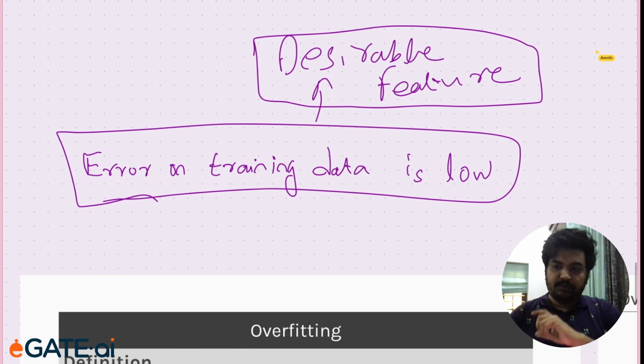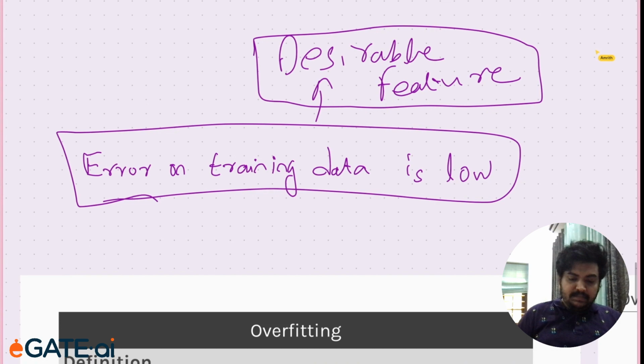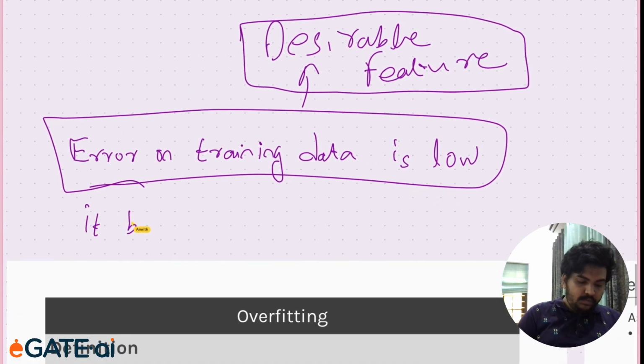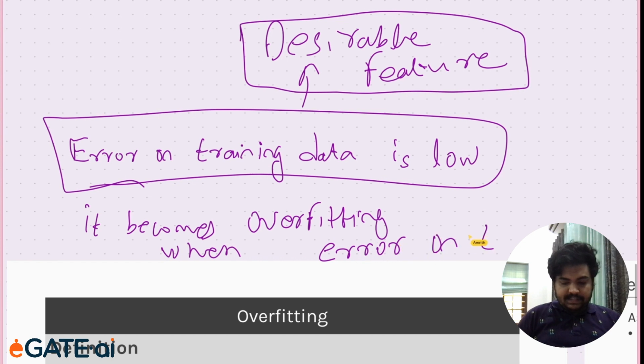If that is really low, it's seen to be desirable, but it becomes undesirable, it becomes overfitting, when error on test instances is high.